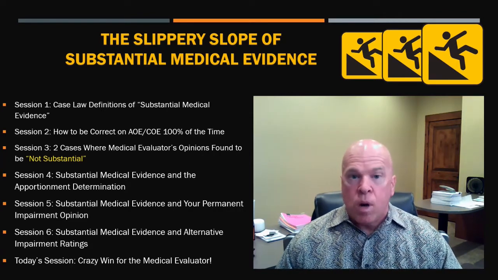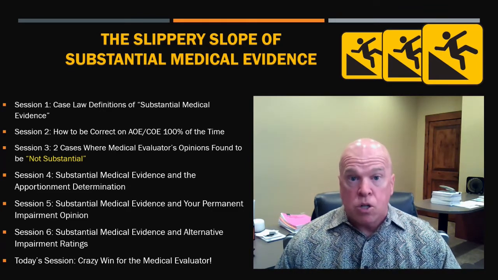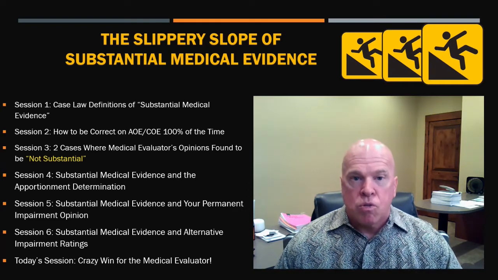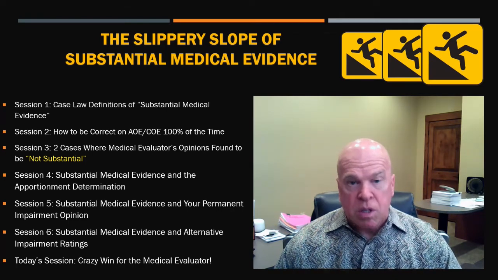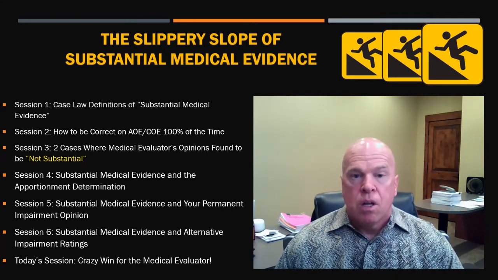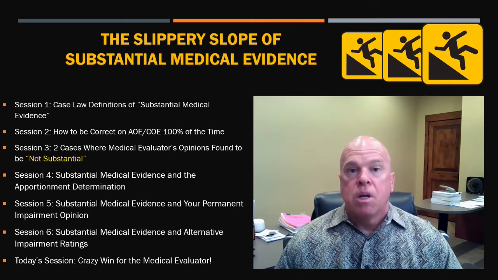And you can have one description of permanent impairment that is subject to small, medium, or large apportionment, whereas if you describe the impairment using another method, another use of language within the 4 corners of the AMA guides, your permanent impairment rating could escape apportionment.